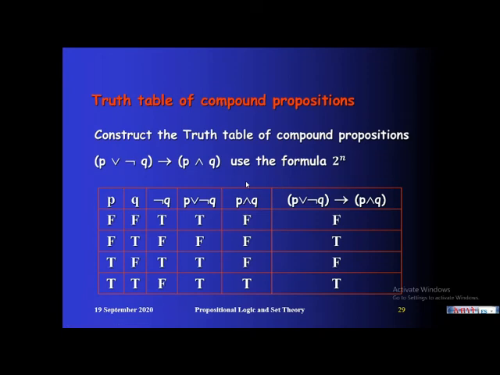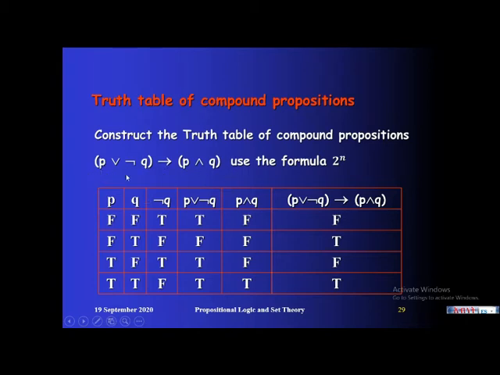Okay, how do we form a truth table for compound statements? In order to construct a truth table, we have to use the formula 2 to the power of n. N stands for the number of letters, or number of statements. For example, let us construct the truth table of this.